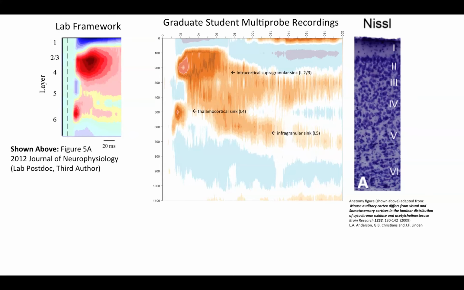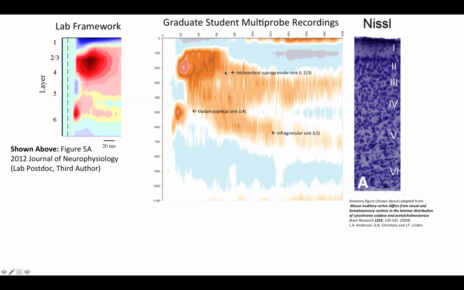Now, I was not allowed to present this in posters at SFN or at ARO or to publish any of this work or to really continue with my science in the lab because this was completely at odds with my advisor's framework. And my advisor's framework posited that this is a layer 6 axon collateral, this is layer 4 activity at a depth of only 200 microns, and that this is layer 2, 3 up here, but that's at a depth of 100 microns.